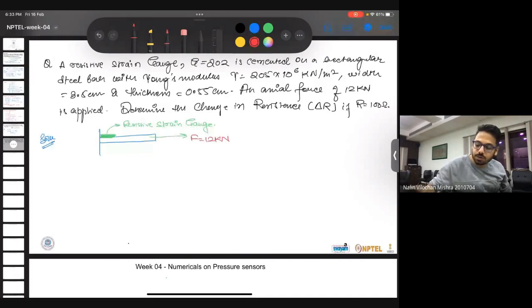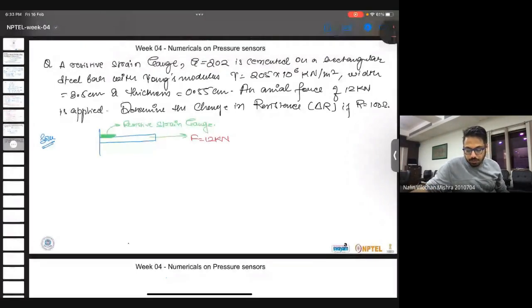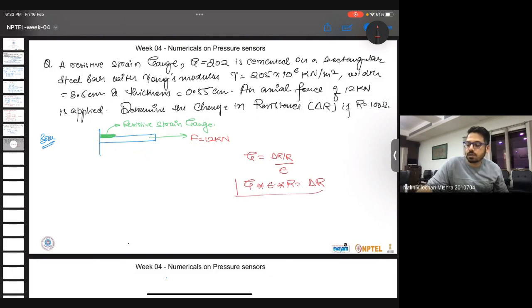Okay, so how can we do it? The same formula we will apply here also. Change in R by R upon epsilon. So gauge factor multiplied with strain multiplied with resistance can give us the value of change in the resistance.